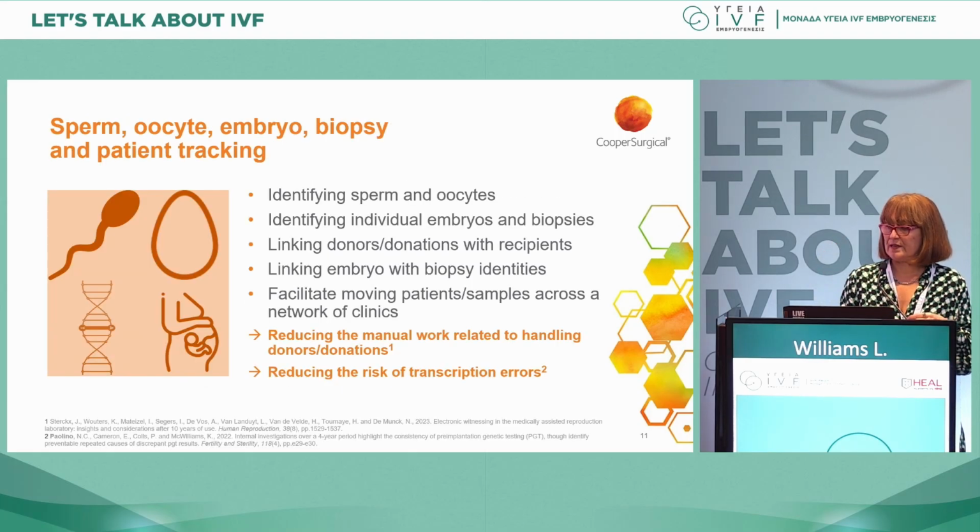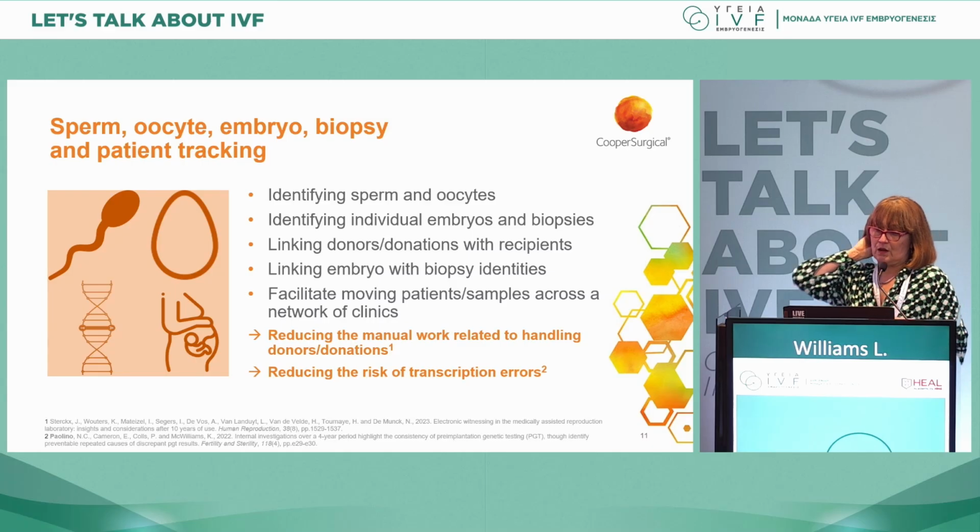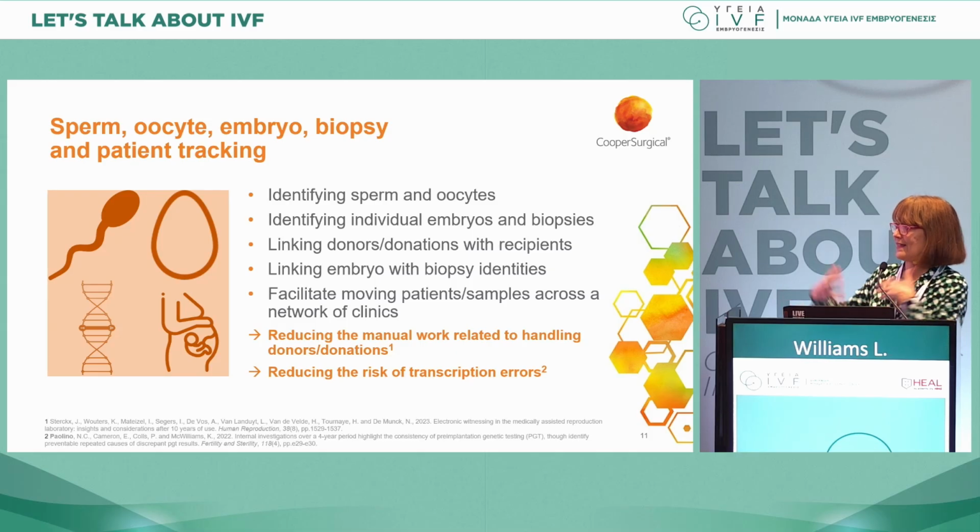So with RI Witness, you can not only track the number of oocytes, but also embryos throughout the cycle. It's configurable to manage different patient scenarios, including egg and sperm donations, as I've said before. And we've got dedicated R&D resources, who are basically helping us to determine new patient configurations, because they're changing quite rapidly, different types of patient configurations.